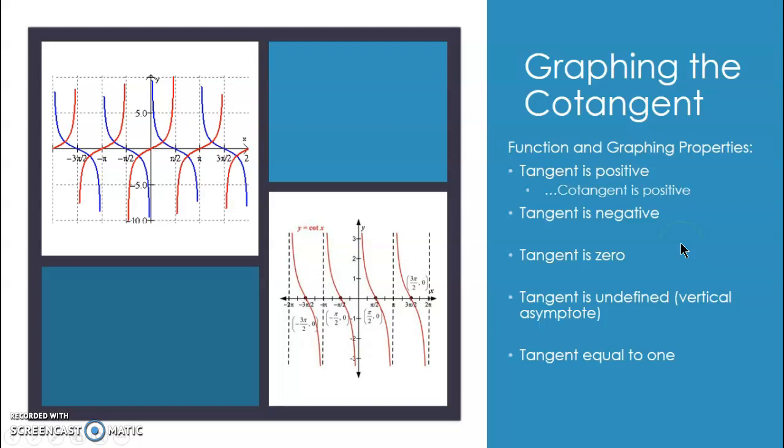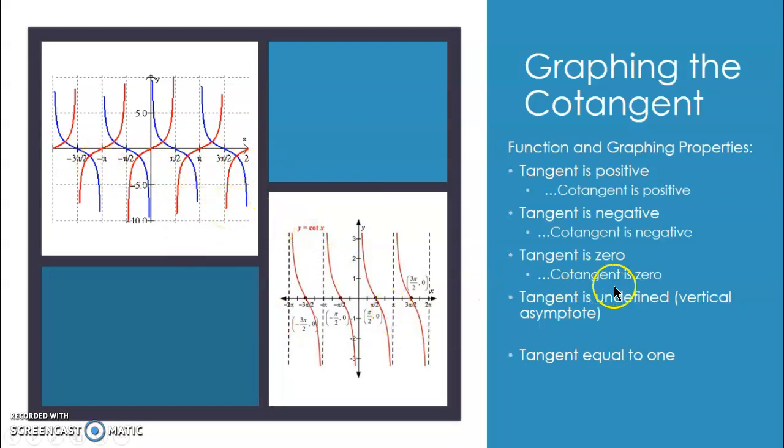Tangent is positive, that means cotangent is positive because, again, remember, we're not changing signs. We're only flipping the numbers. When tangent is negative, cotangent is negative. When tangent is 0, cotangent is also 0. Tangent always had asymptotes, so cotangent always has asymptotes.